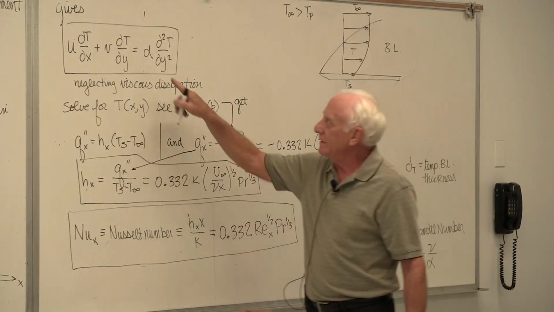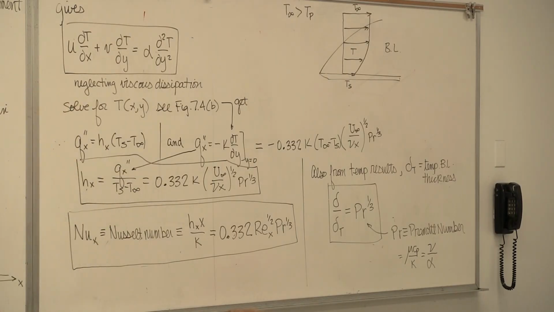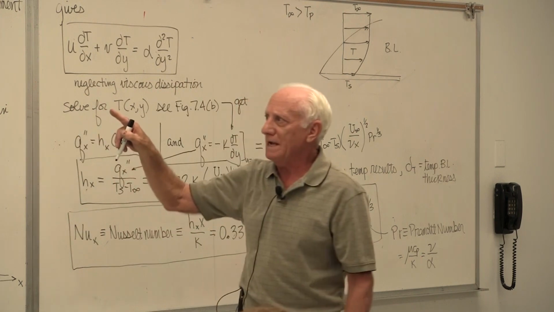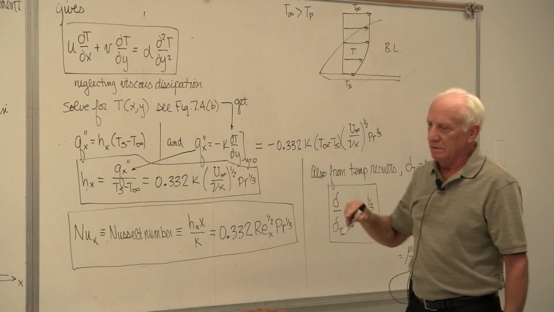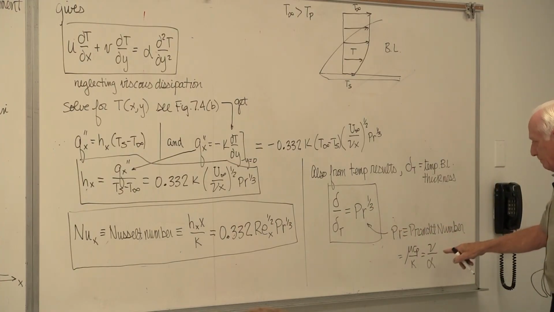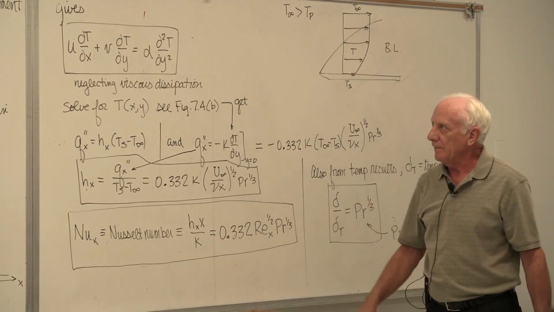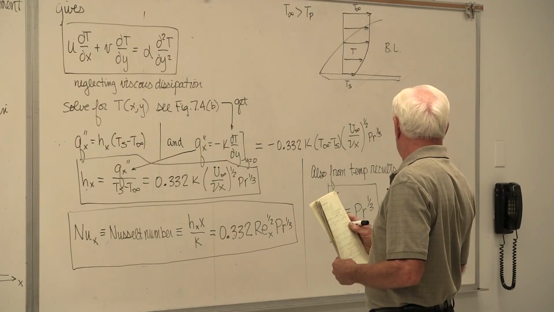Remember that I said there's alpha and there's nu. Both those equations are very similar, except one has a fluid property nu, the other has a fluid property alpha. It pops up here. We give it a special name, the Prandtl number, and it pops up in the equation here.